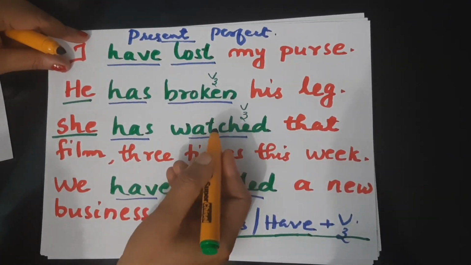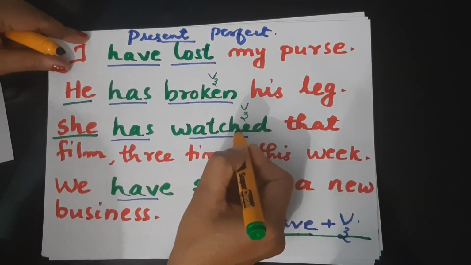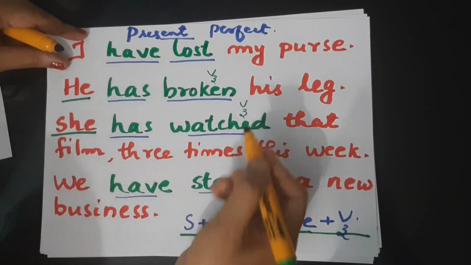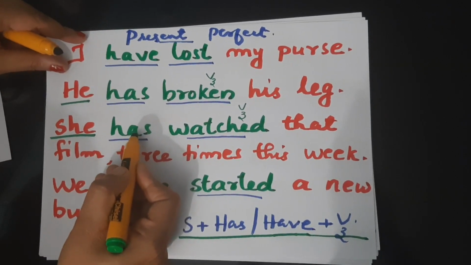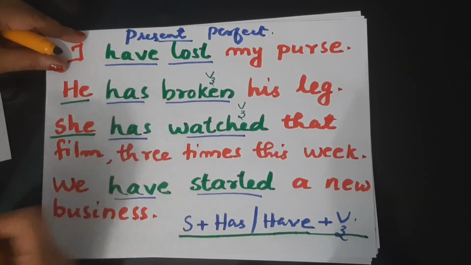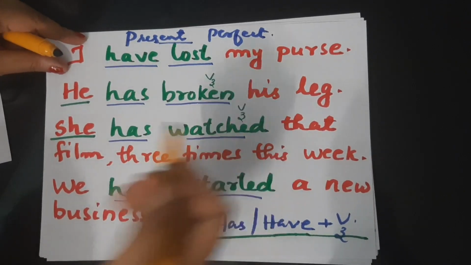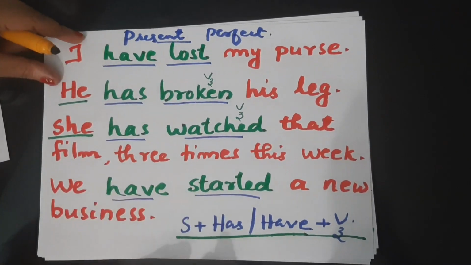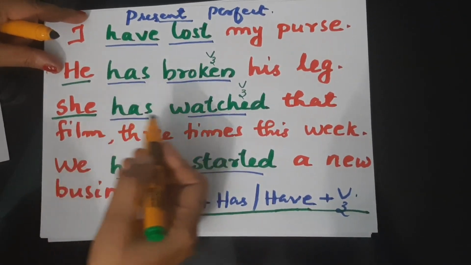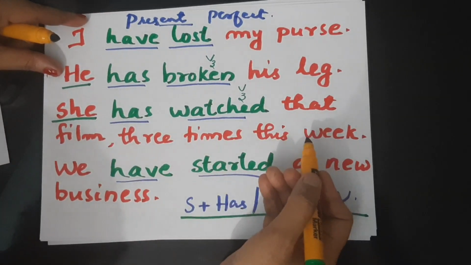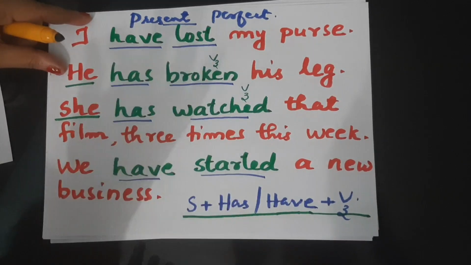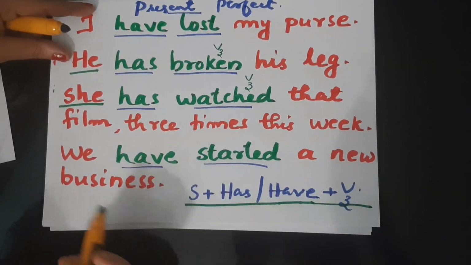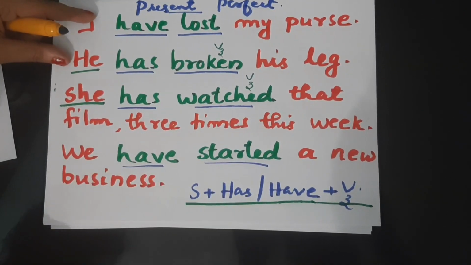Okay, same way here, watch. The V3 form of watch is watched. The subject is singular, so we have used the verb also in its singular form, that is has, plus V3 form of the verb. She has watched that film 3 times this week, means she has watched this film recently 3 times. Okay, that is it.